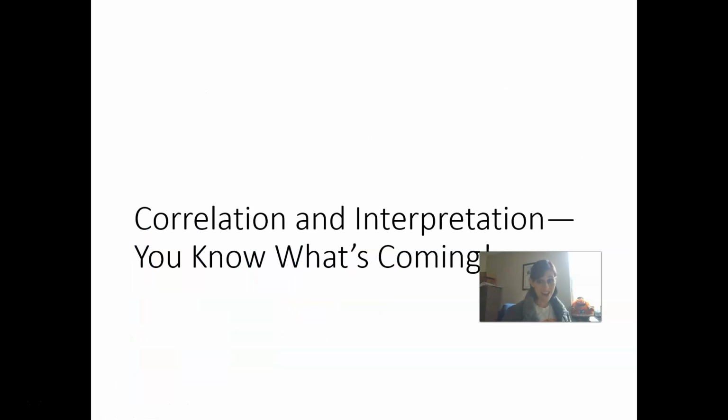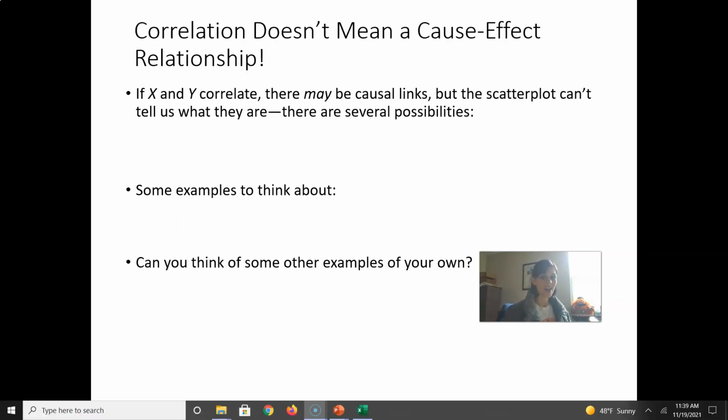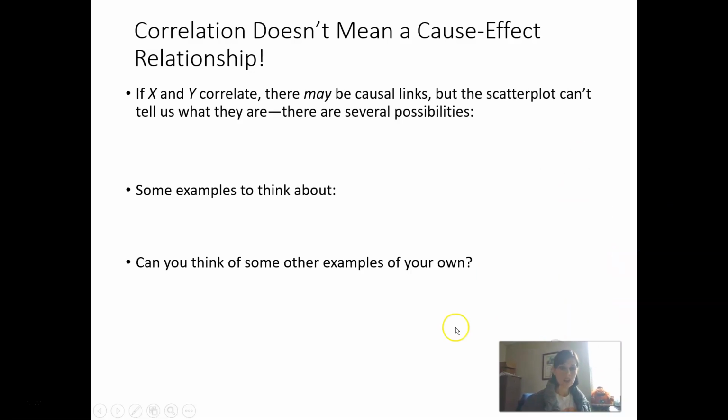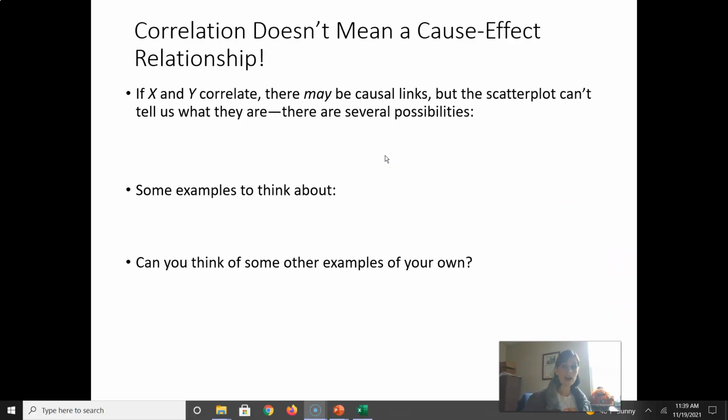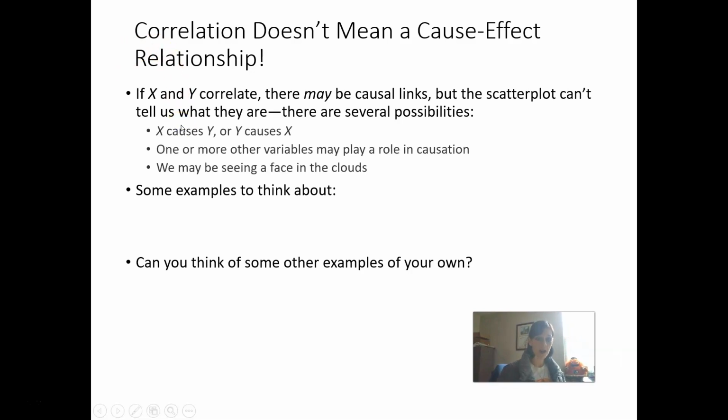So now we have to talk about how to interpret correlations, and y'all know what's coming. We have to talk about the fact that correlation does not imply causation. So if X and Y are correlated, there may be a causal link, but the scatter plot can't actually tell us what they are, and there are several possibilities.